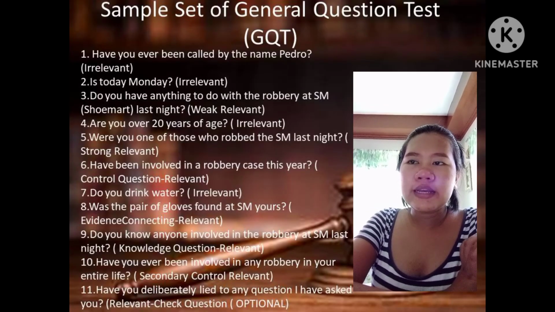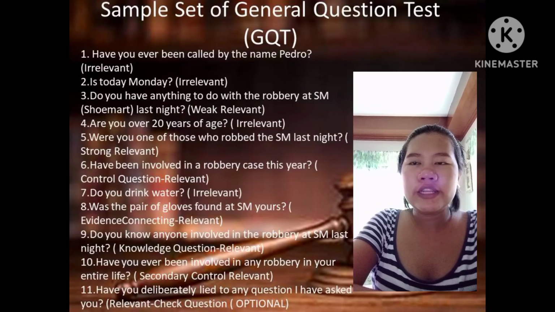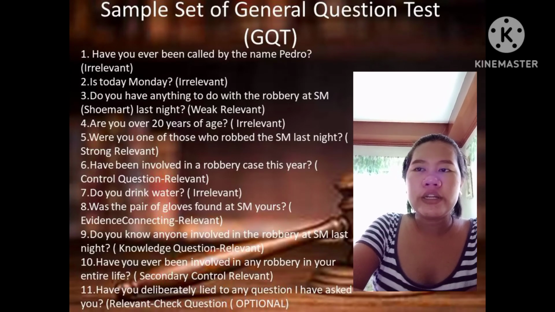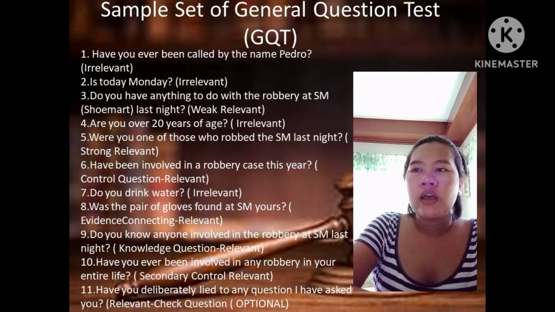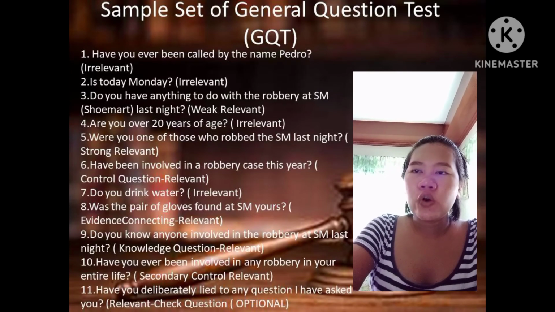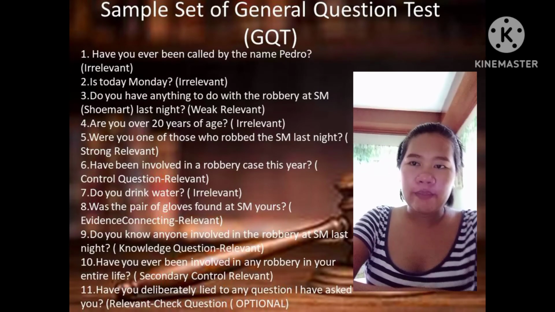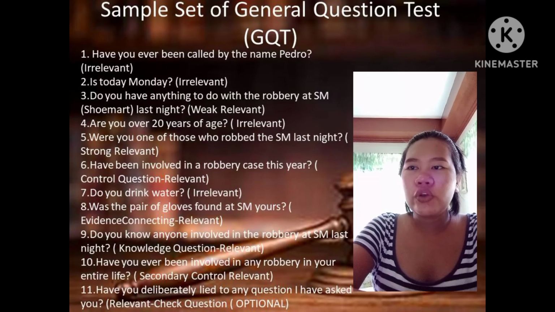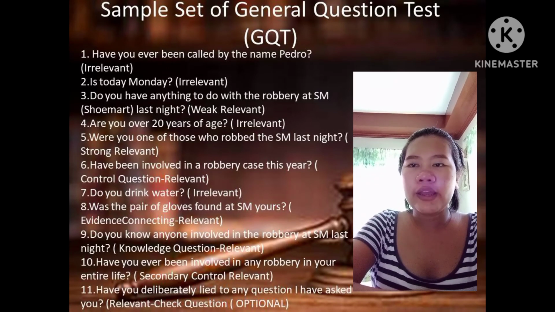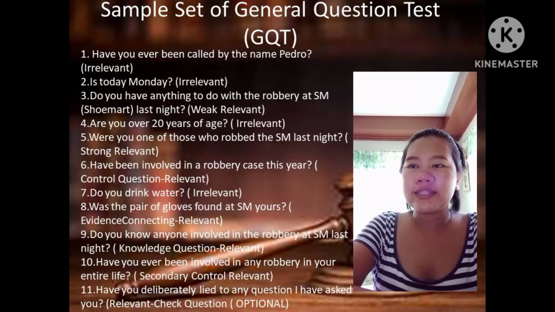So, this is an example set of the general question test, or the GQT. We have 11 questions. Number 1, have you ever been called by the name Pedro? Irrelevant. Is today Monday? Irrelevant. Do you have anything to do with the robbery at SM Shoe Mart last night?